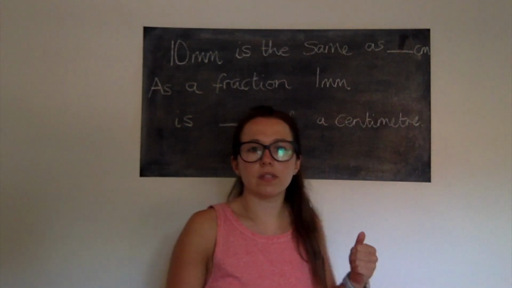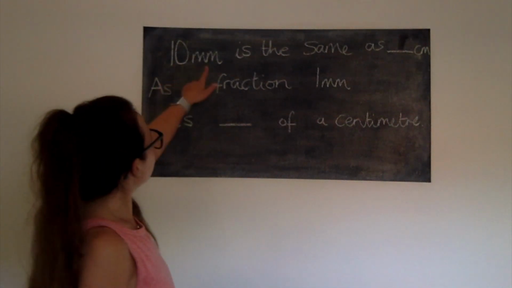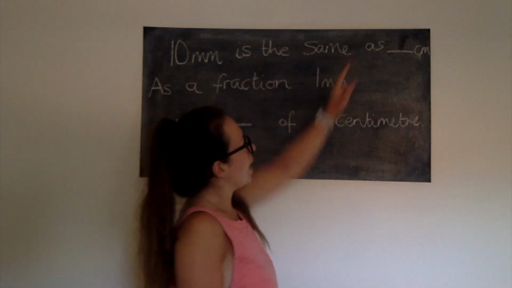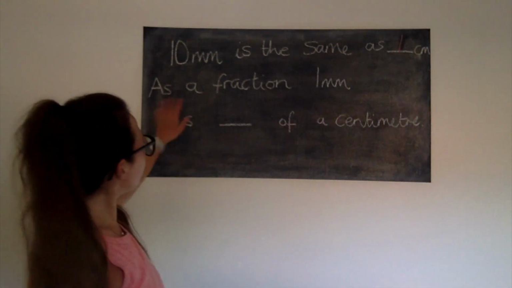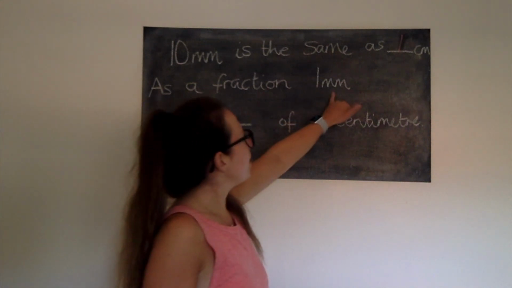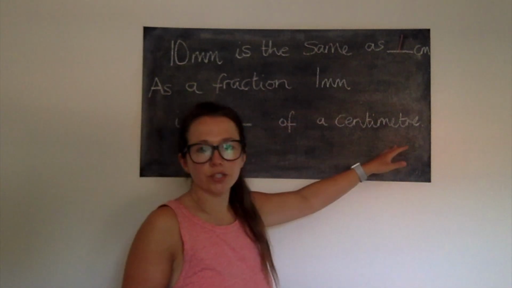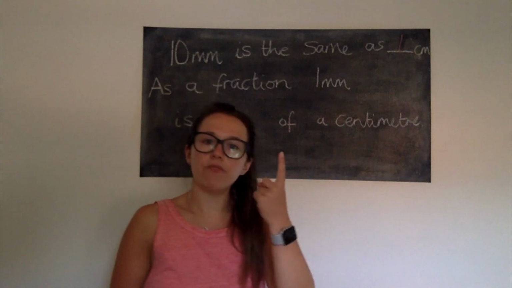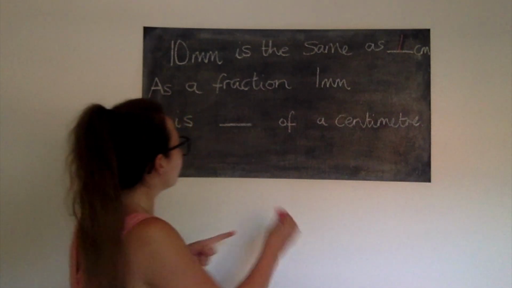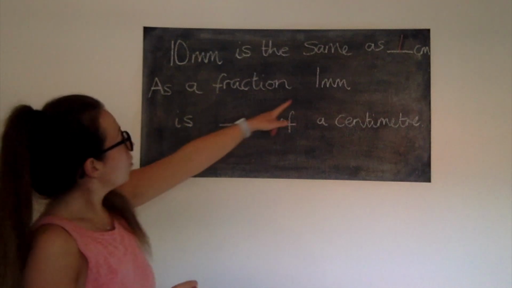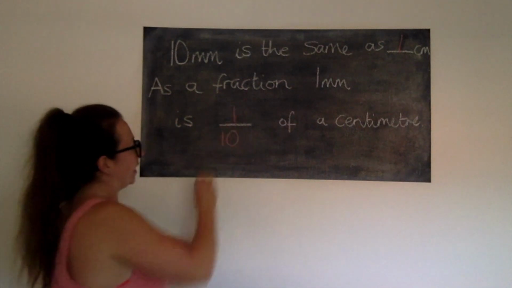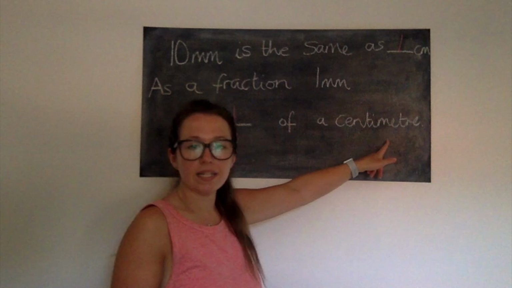Let's see if we can finish the sentences to help us. 10mm is the same as 1 centimetre. So as a fraction, 1mm is what fraction of a centimetre? Well, for every 1 centimetre, we have 10 millimetres. And so 1mm is 1/10 of a centimetre.